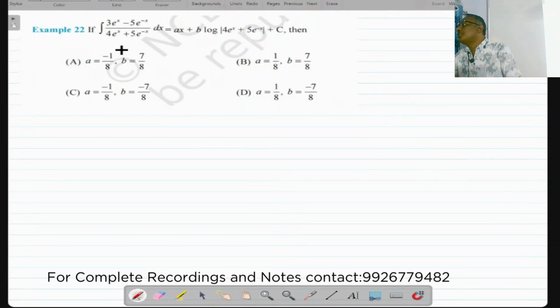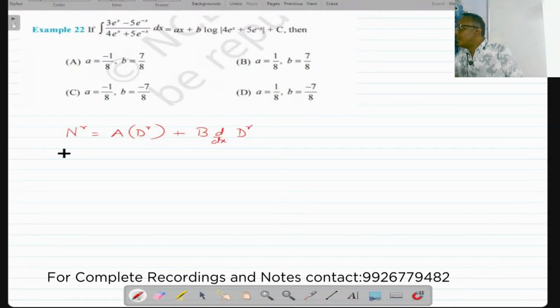What are you going to do here? ऐसे वाले को इंटीग्रेट करना है तो numerator is equal to a times of denominator plus b times of d by dx of denominator.